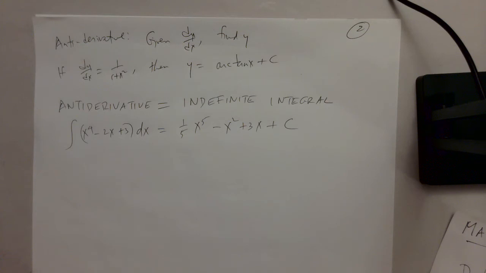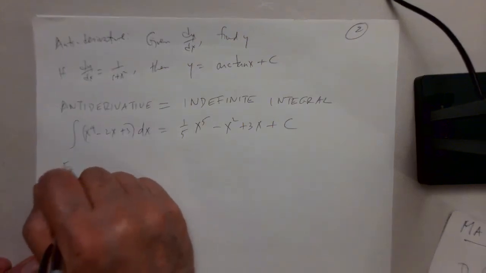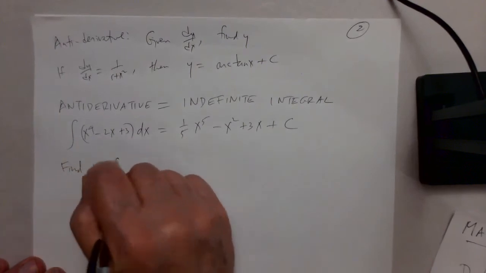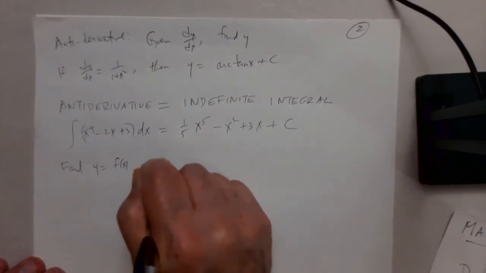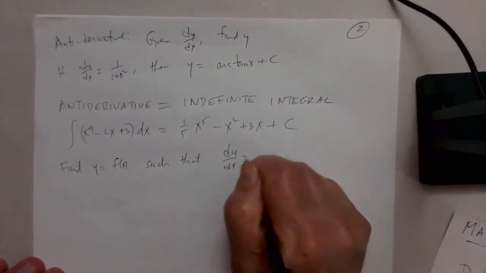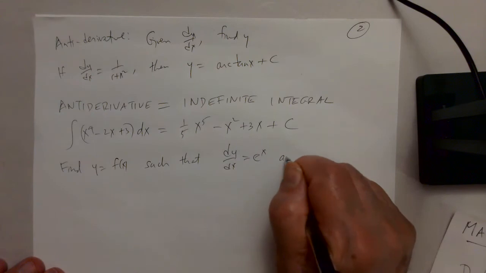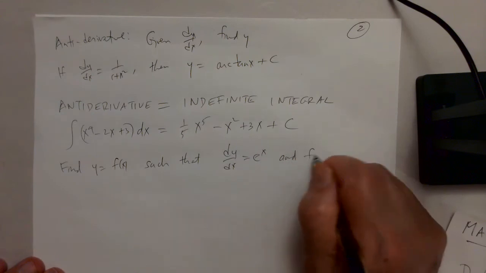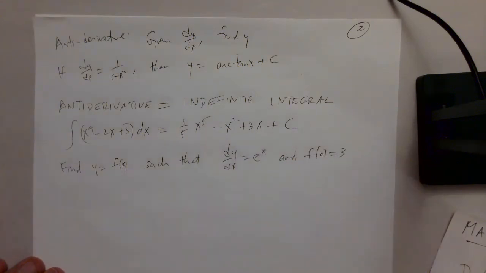Now, sometimes you're given additional information about the unknown function that you're trying to find. So for example, you might have the following problem. Find the function y equal f of x such that dy dx is e to the x and f at 0 is, let's say, equal to 3. So what can we say?